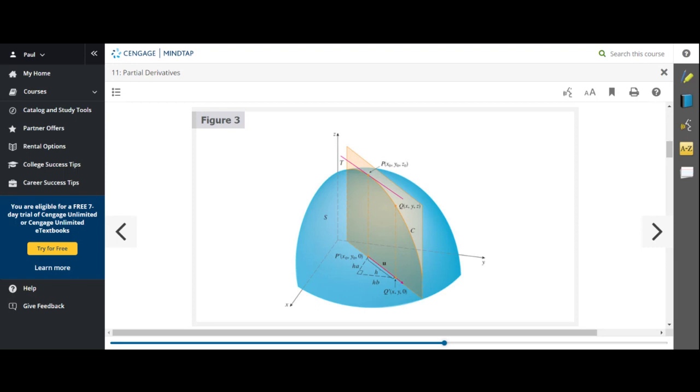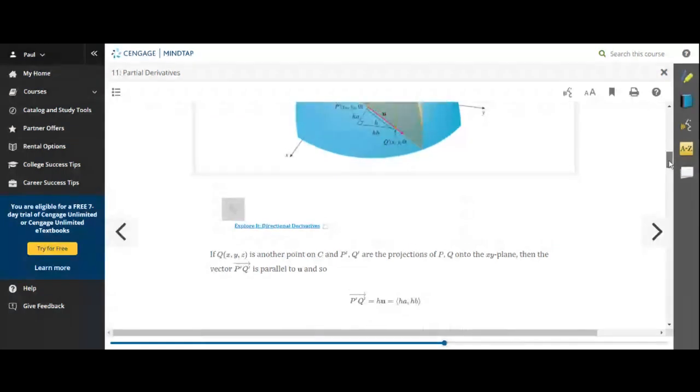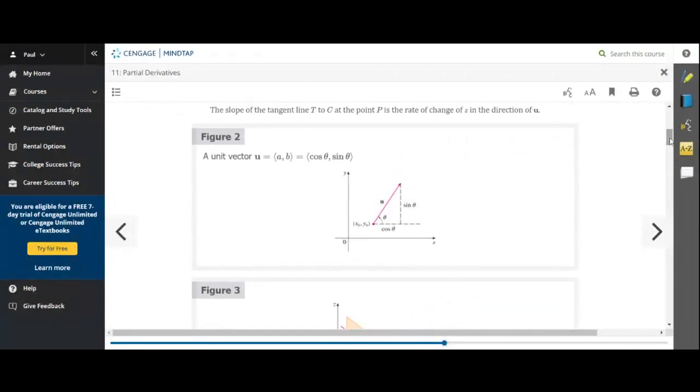If the components of u are a and b, so they're saying here that the components of the vector u are a and b.